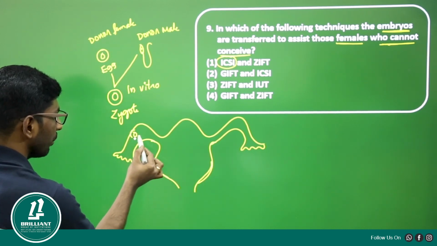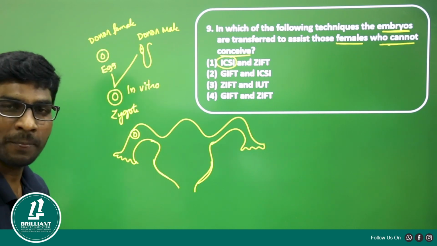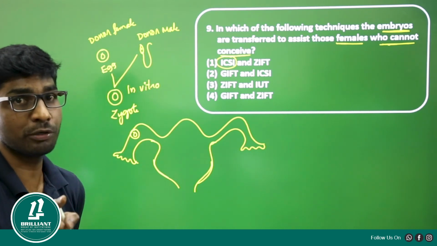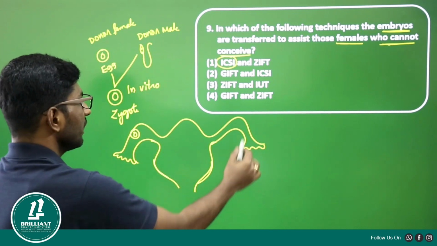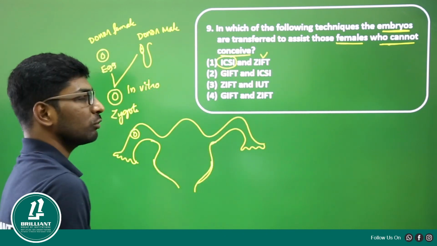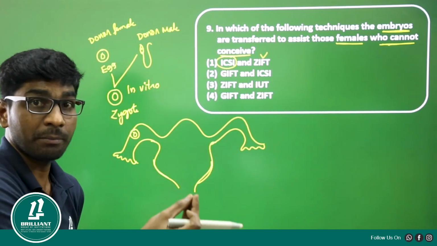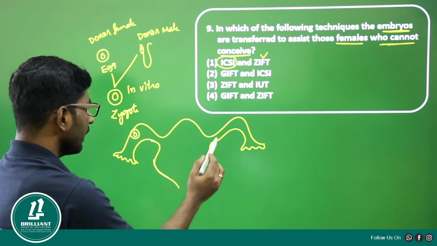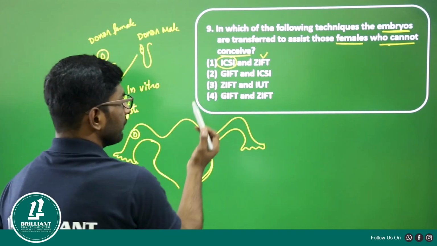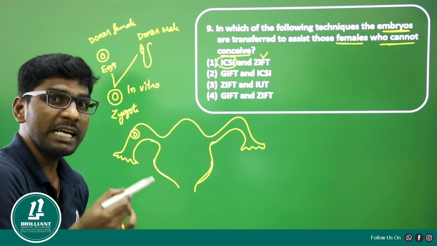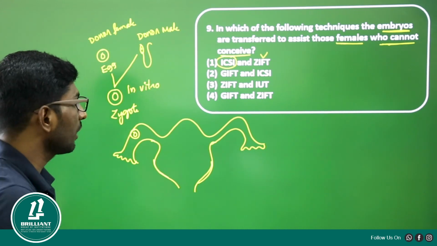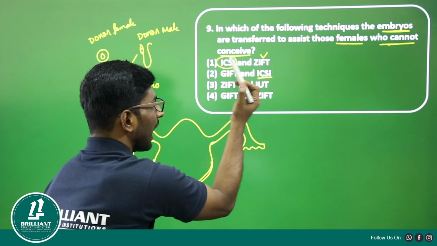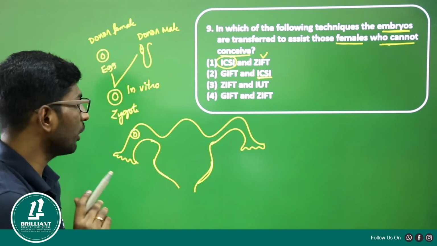Into the fallopian tubule. Zygote intrafallopian tube transfer is correct. Fine. But ICSI is not correct, that is for a male partner having a low sperm count. Now, GIFT, gamete intrafallopian transfer, and ICSI. Look at option number 3.